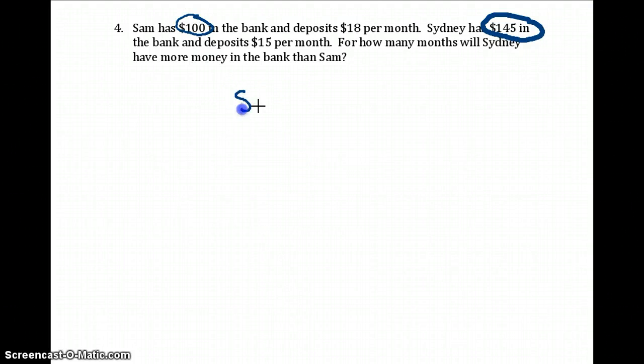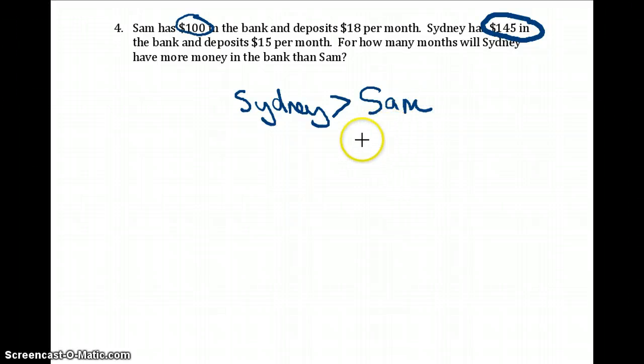So the relationship is Sydney greater than, and we want to know how many months we'll have more money, so it has to be greater than, more money than Sam. And now we're just going to build an inequality based upon the information that they gave us in the word problem. So Sydney has $145 plus $15 per month.